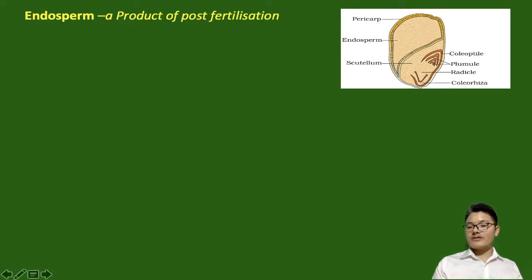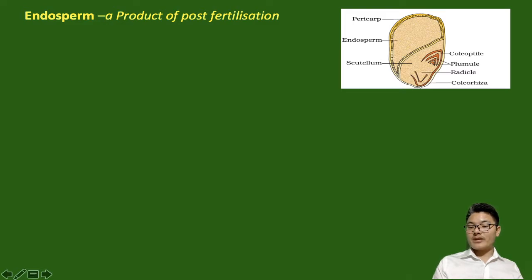Here in case of maize, we have embryo which is represented by plumule, which will be developing into shoot, and plumule is surrounded by a leaf-like structure called coleoptile. And we have radicle, which is the future root.